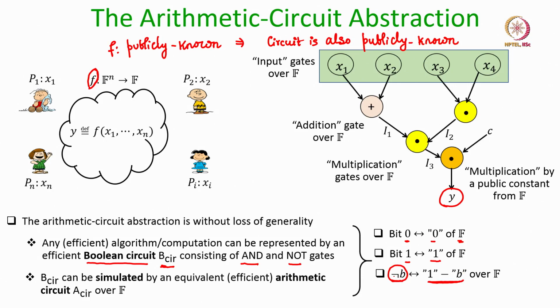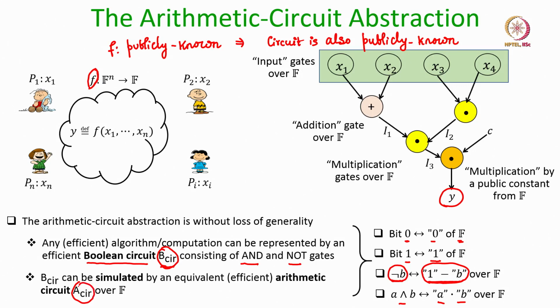So, we can simulate the effect of NOT of B by an arithmetic gate over the field, a plus gate performing this operation, and wherever there is a Boolean AND gate involving the bits A and B in the Boolean circuit, that can be simulated by an arithmetic gate where we perform the multiplication of the mapped A and the mapped B, right.